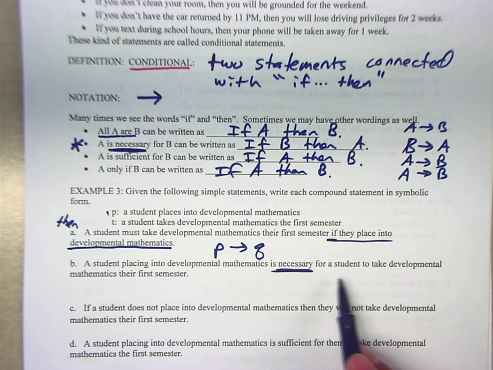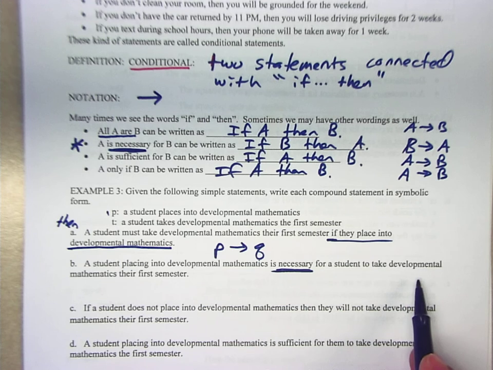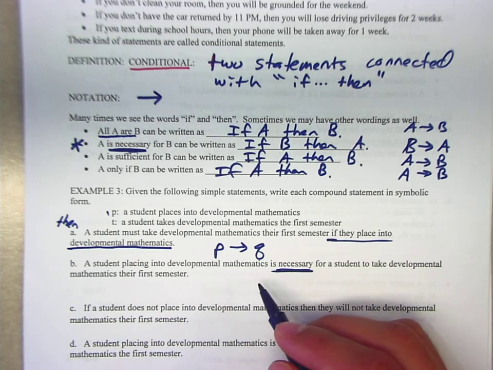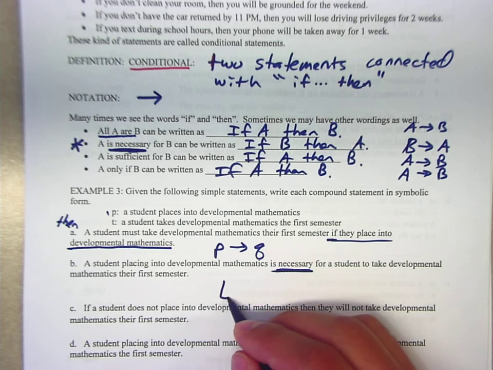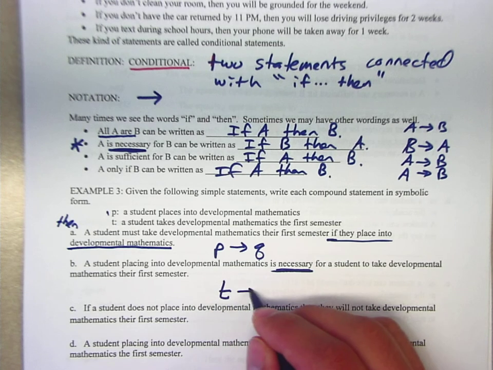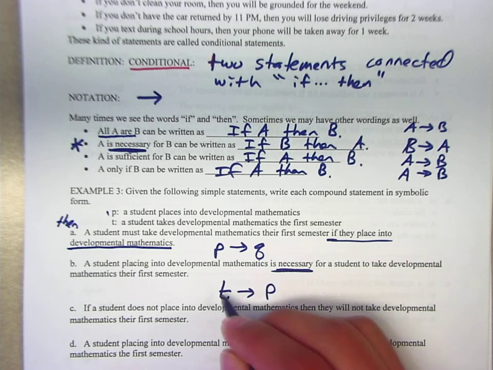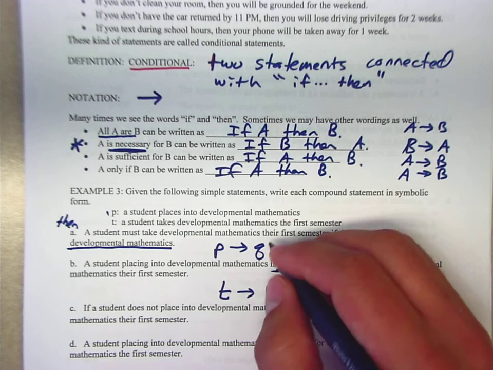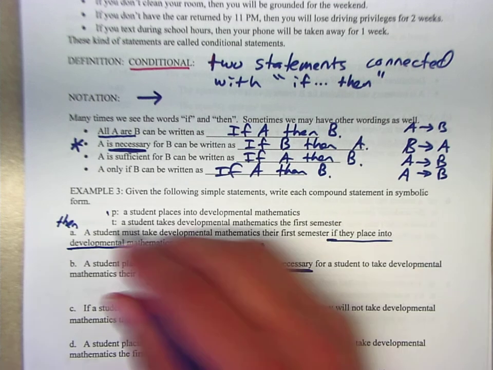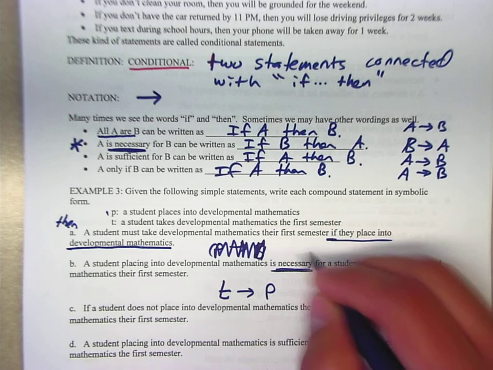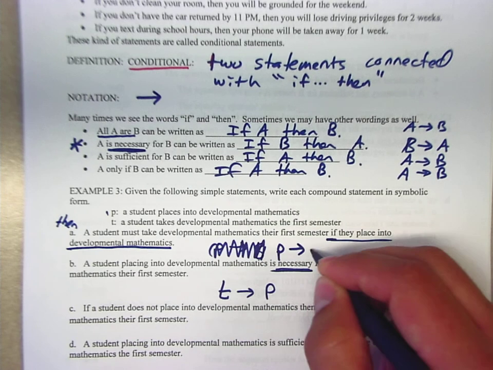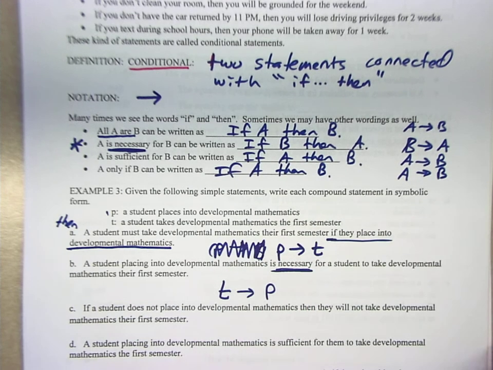And then taking developmental math first semester, that's T. So we're going to go T, then P. So if T, then P. And that's my bad, I don't know why I used Q up here. This should be if P, then T. Okay.